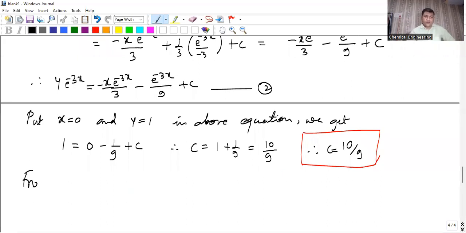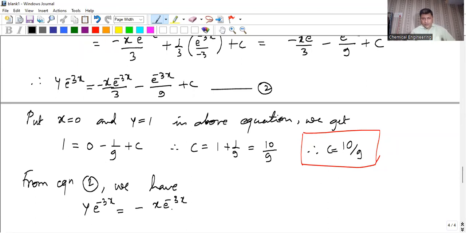So we can say from equation 2 we have y into e raised to minus 3x is equal to minus x e raised to minus 3x by 3 minus e raised to minus 3x by 9 plus 10 by 9.